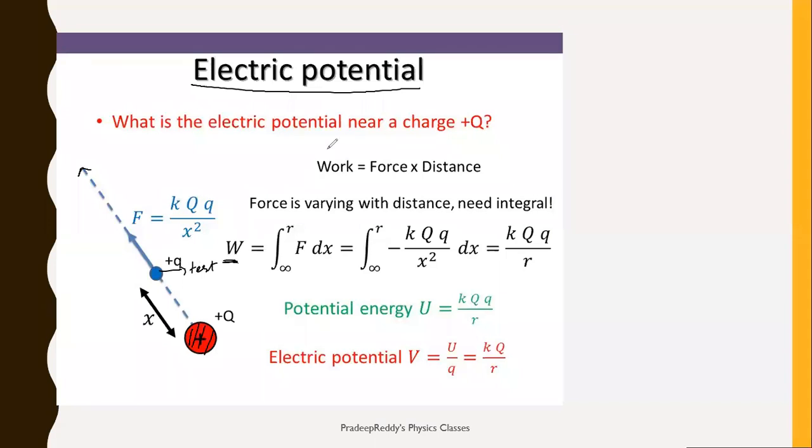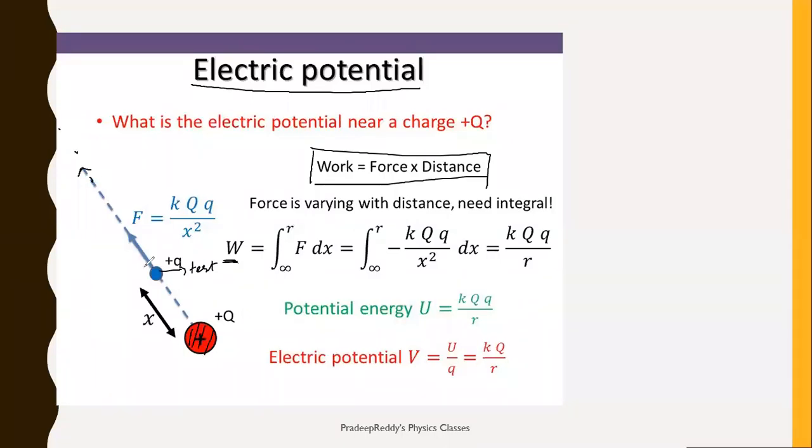What is the formula for work done? Force into distance, or W is equal to F dot S. Here x is variable. The x value is undergoing change. Therefore, as it is a variable force, you need to go for integration. That will be W is equal to integration. You are bringing this test charge from position x to some particular value, it may be anywhere, here or here or here.